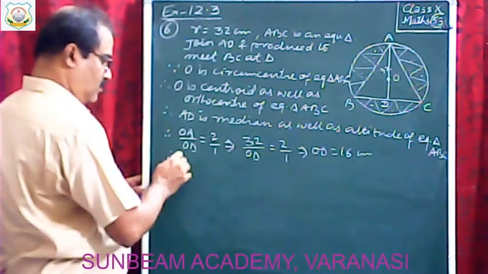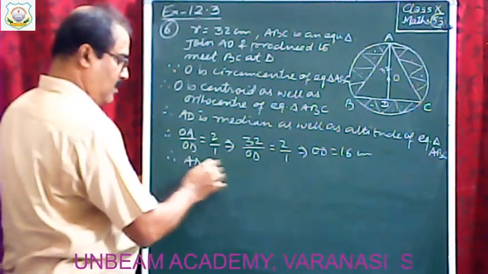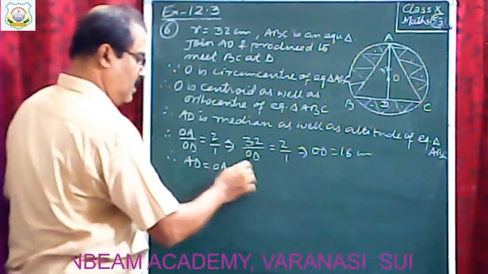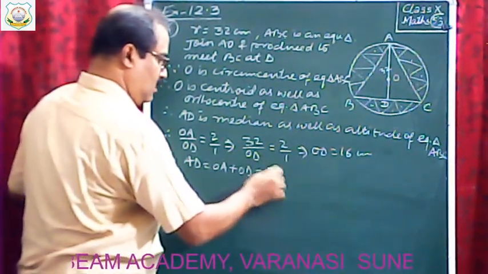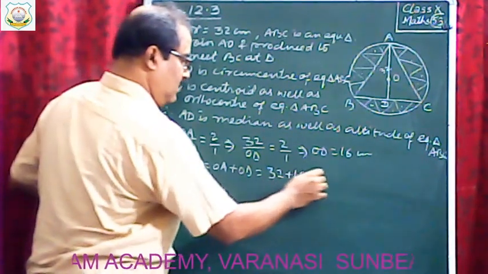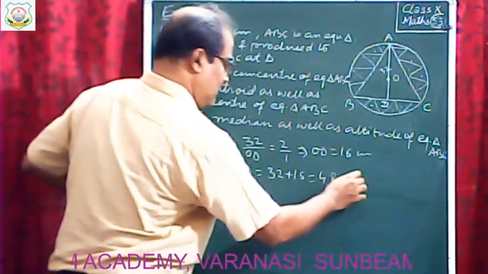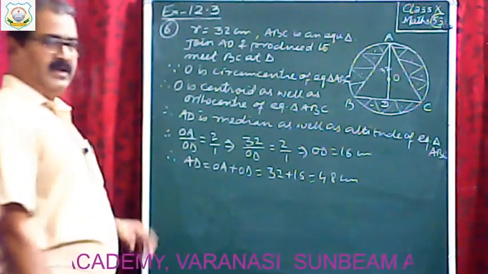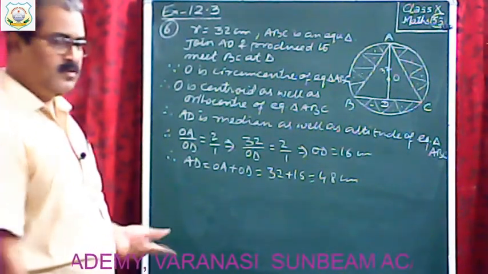So therefore AD equals OA plus OD, so 32 plus 16 equals 48 centimeter. AD we get. AD is also altitude, altitude means height.